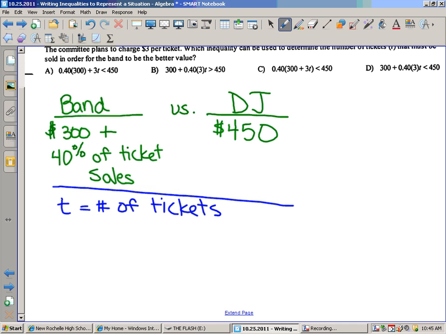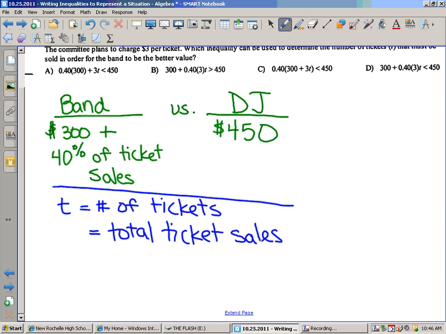And how would you represent total ticket sales? If each ticket costs $3, and there are T tickets, how much money did I bring in?